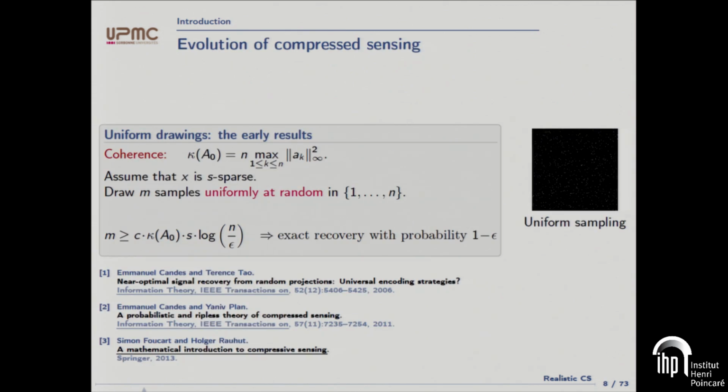Okay, so you already know a bit about compressed sensing, right? But let me just do a brief history of it. If you look at the seminal paper in compressed sensing, the one from Candès, Tao, and also Romberg, they are considering uniform drawings.